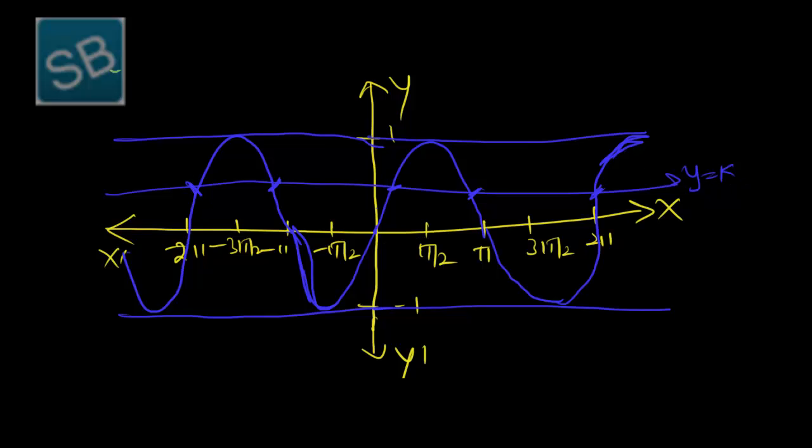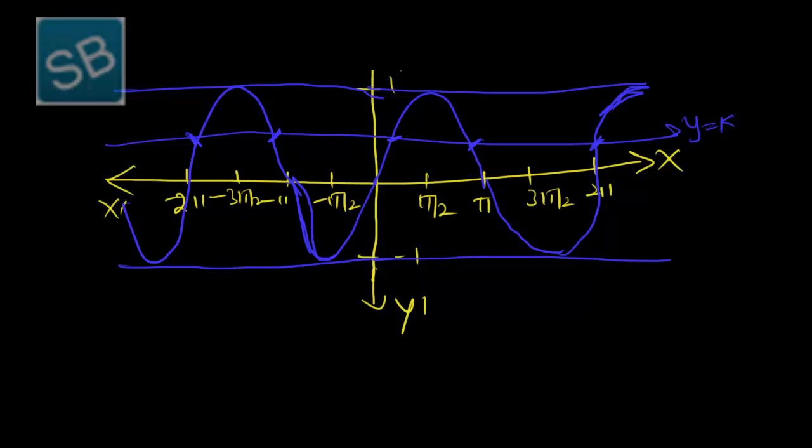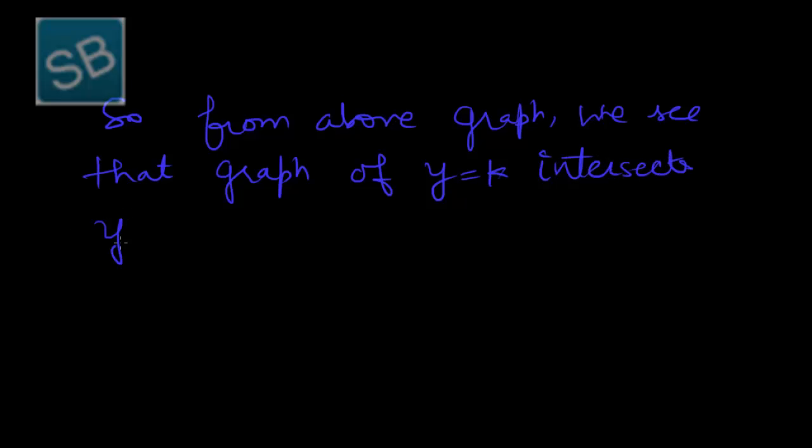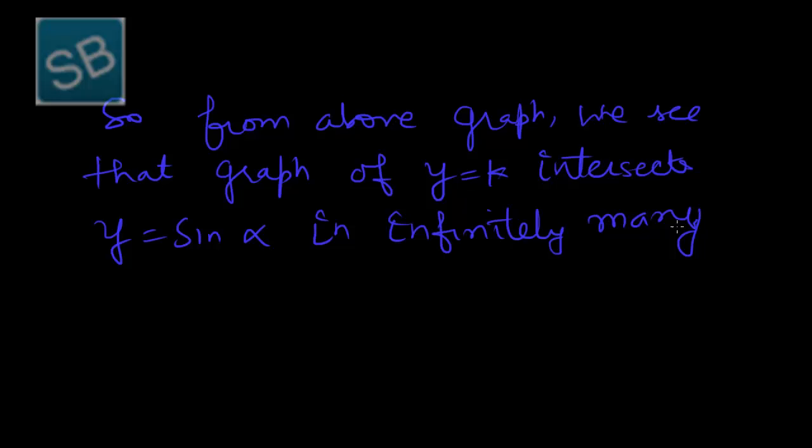So from the above graph, we see that the graph of y is equal to k intersects y is equal to sine alpha in infinitely many points.